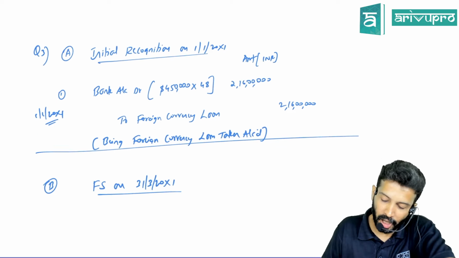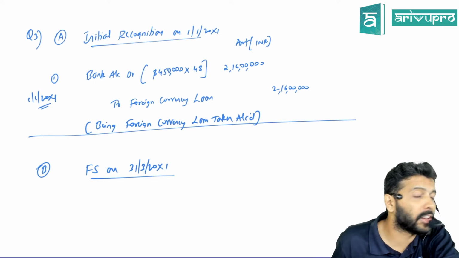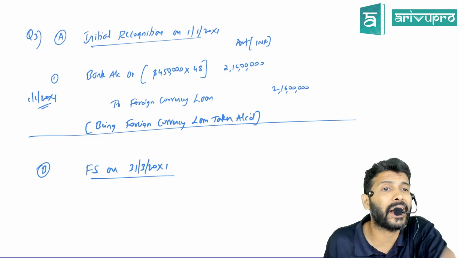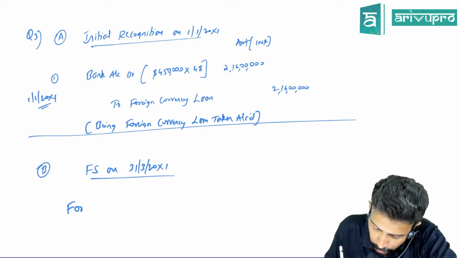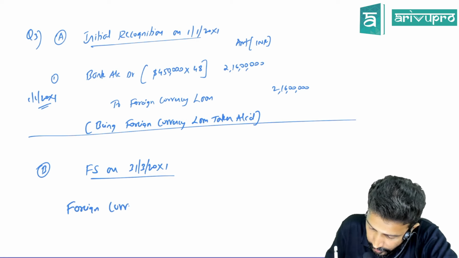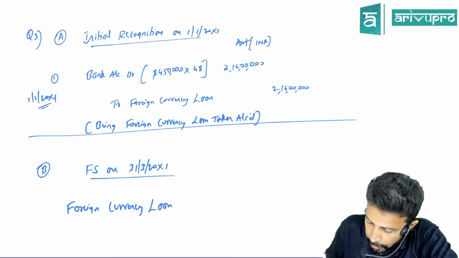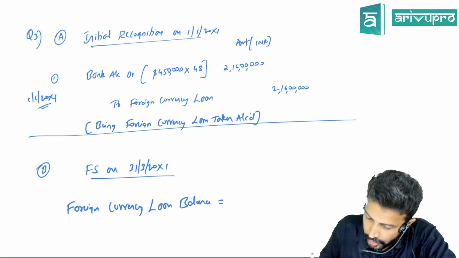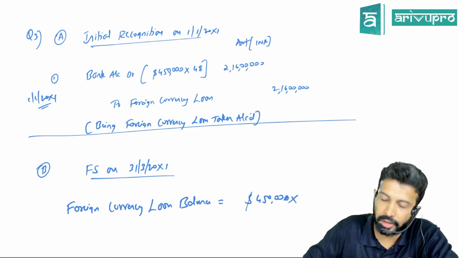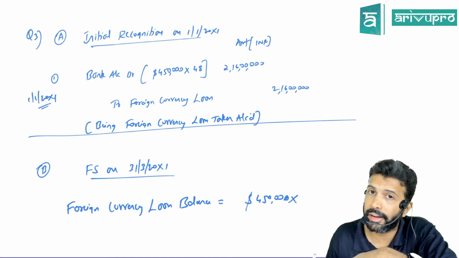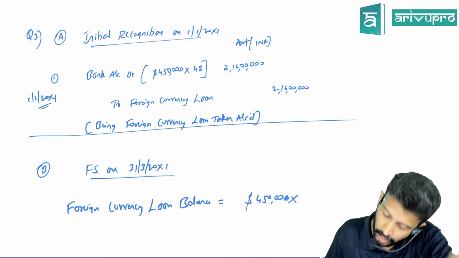Okay, no. Okay. So a monetary item should be reflected in your balance sheet or financial statement at closing rate. So what should be your foreign currency loan balance? You have taken $450,000 worth of loan, and this loan, being a monetary item, should be shown in your balance sheet at closing rate.